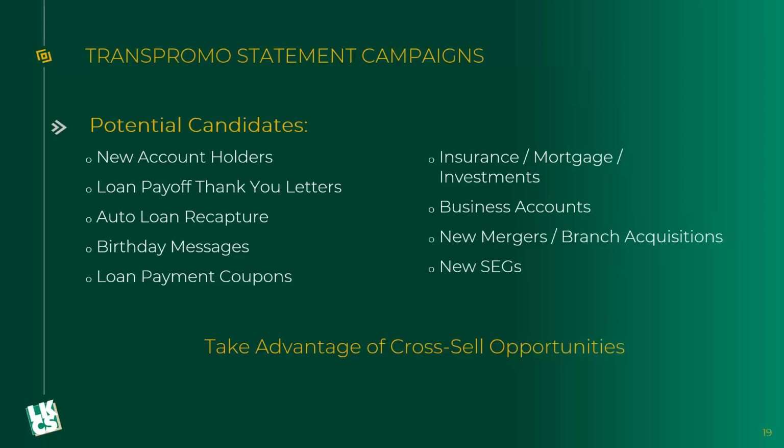New mergers and branch acquisitions, right? We're seeing a lot of our customers that are growing specifically through mergers and branch acquisitions, but we can trigger different onserts or even combinations over multiple months of different communications for those newly welcomed members, right? And new segs for those credit unions.